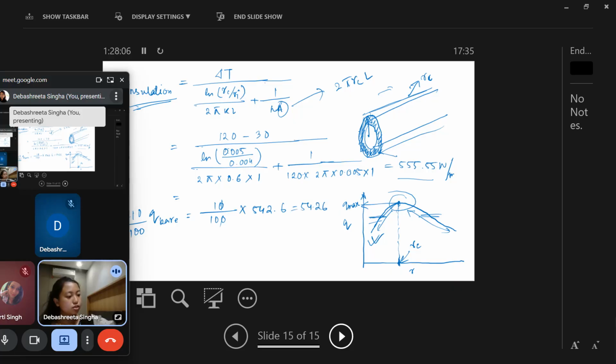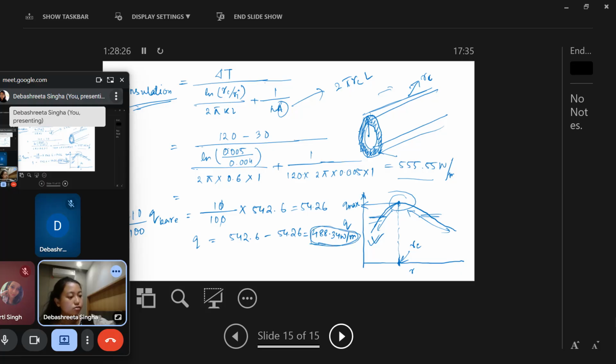And how much is this? 542.6 minus 54.26, so this is equal to 488.34 watt per meter.